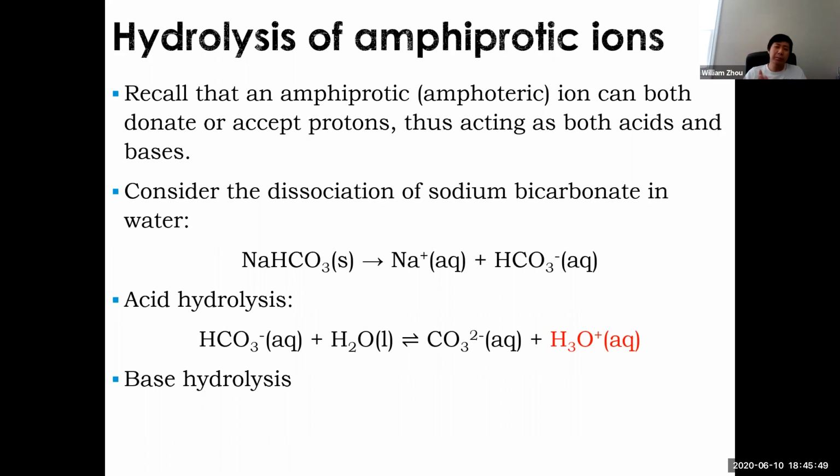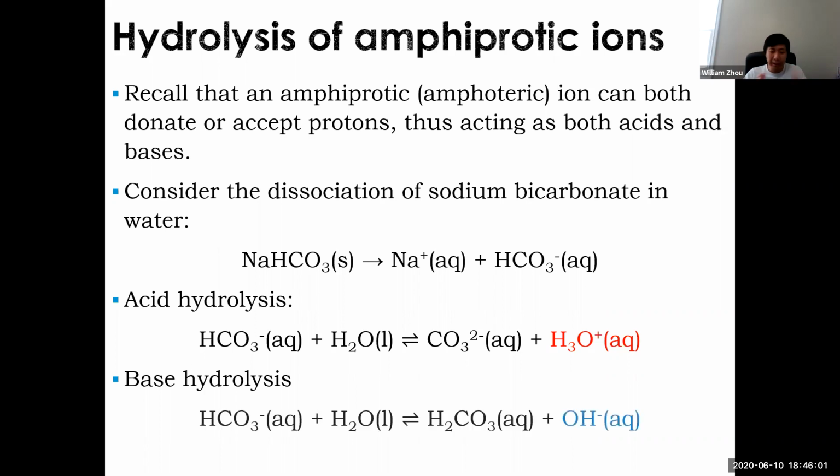But also, you have a negative charge, which means you're missing a positive charge. A proton is a positive charge. You're able to accept protons as the base. So HCO3 can then take a proton from water to make H2CO3 and OH. So both are possible. Which one is it though?